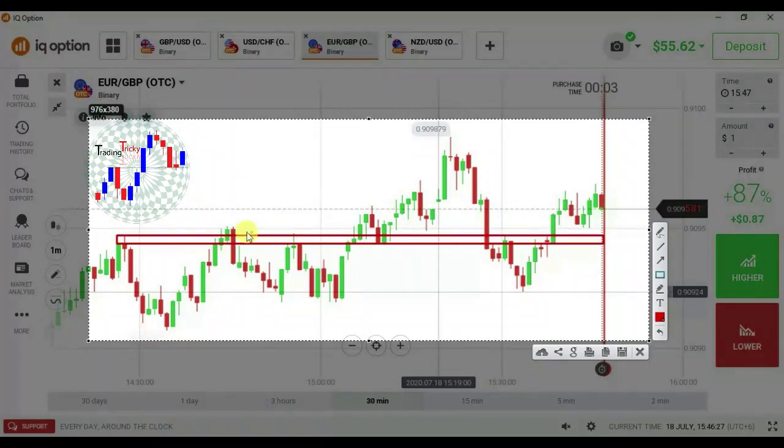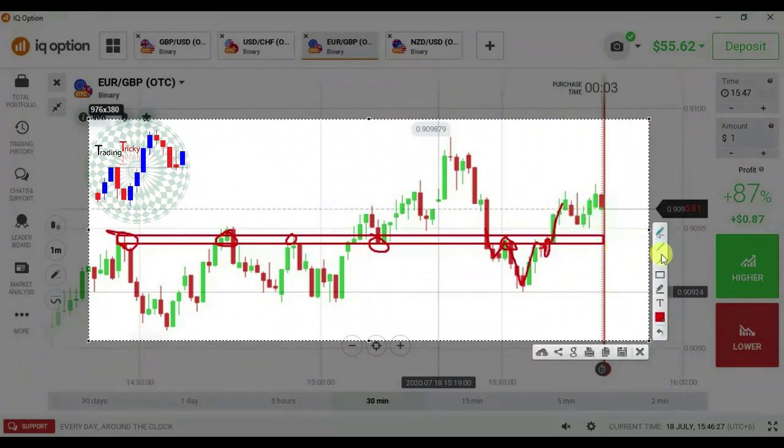You can see this level is respecting here, here also respected on breakout, but respected again. We can see respected breakout and retrace, then sellers' entry. Again it got resistance, then after this there are no strong sellers, and we can see buyers.